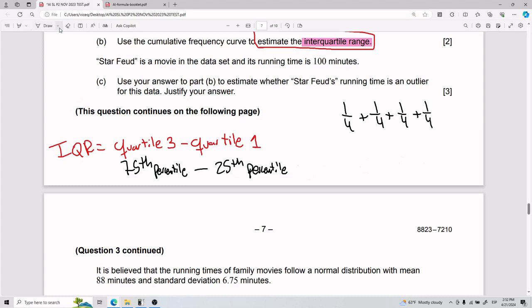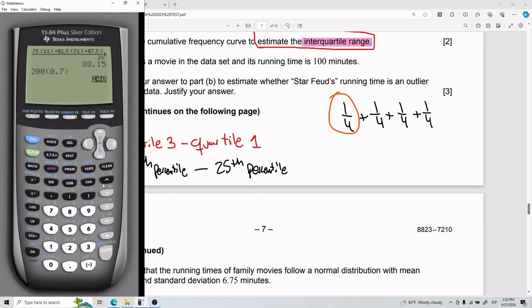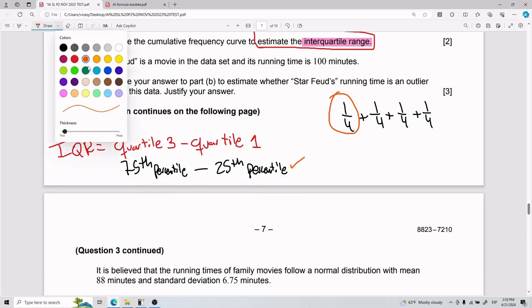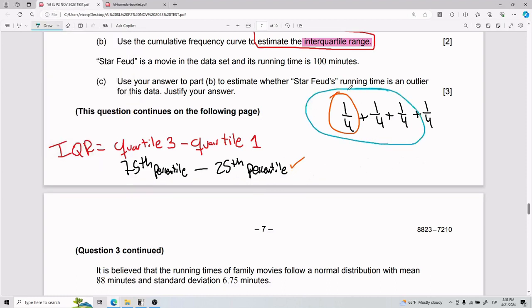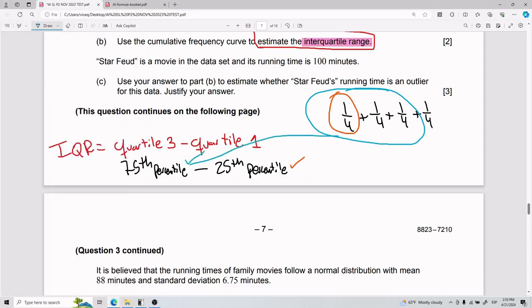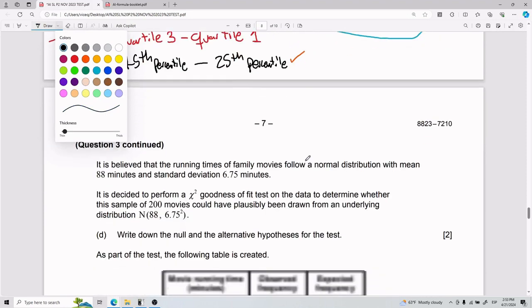So your first quartile is your first fourth of your data. 1/4, how much is that? 0.25. Boom, 25th percentile. While your quartile 3 is these three guys: 1/4 plus 1/4 plus 1/4, 0.75. Boom, 75th percentile.